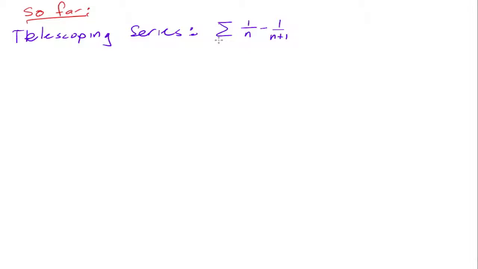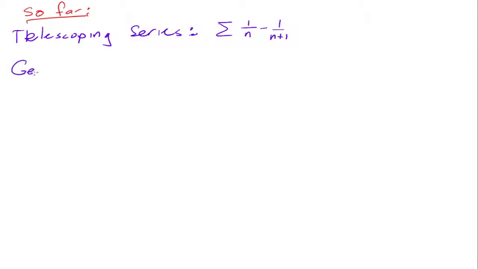You write out the partial sums, and you always get a bunch of cancellations in the middle terms, and the only ones left are a couple in the beginning and a couple in the end. Also, sometimes it's written as one fraction, so you have to break it up using partial fraction decomposition. So sometimes you have to do a little bit of work there.